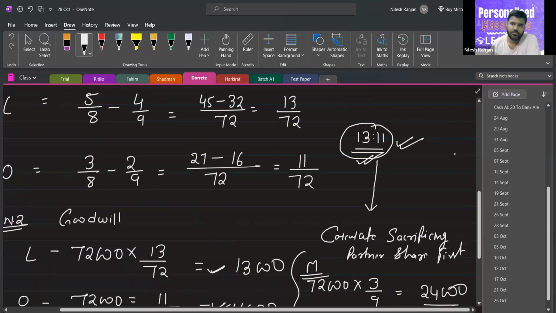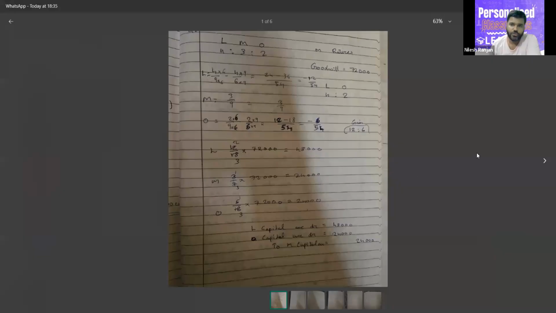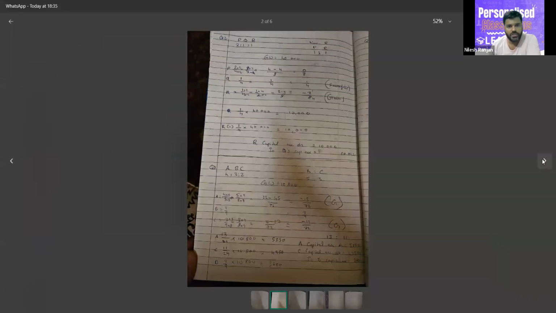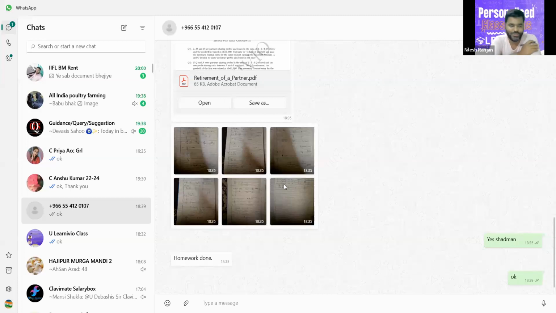So this is how we calculate. Your first solution was incorrect, so you have to solve the question again.